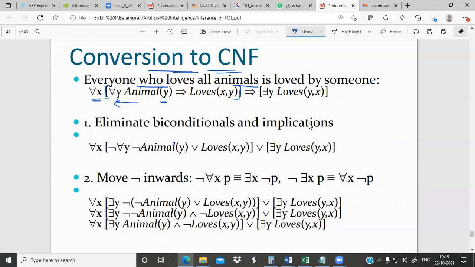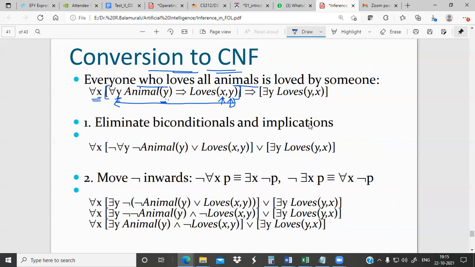Y is connected with for all, and Y is an animal. X is also connected with for all, but we cannot say that X is an animal. So what does this statement mean? X is everyone who loves an animal.